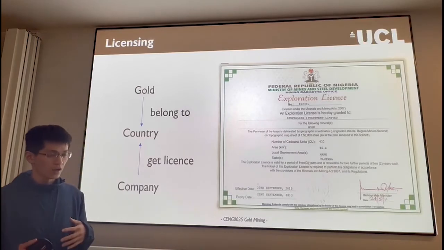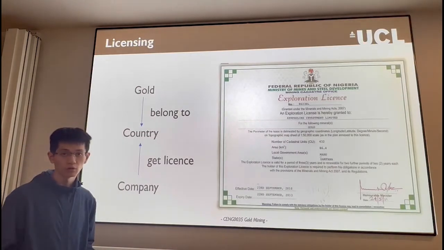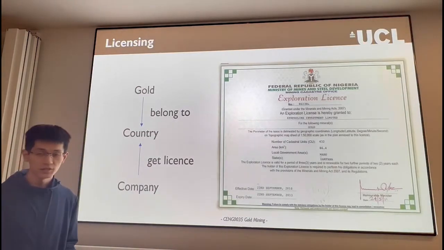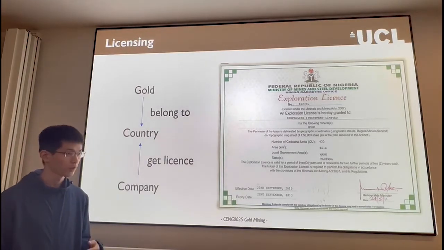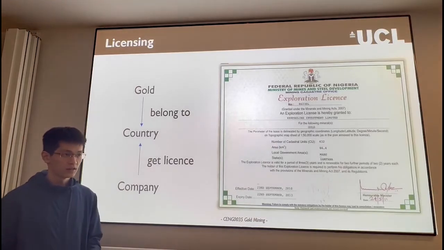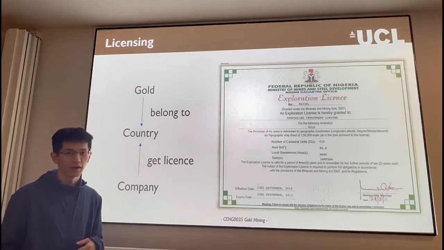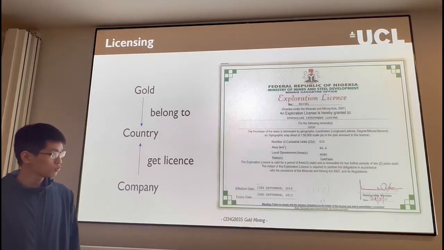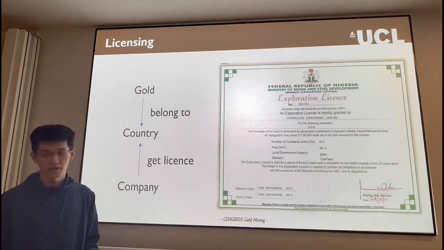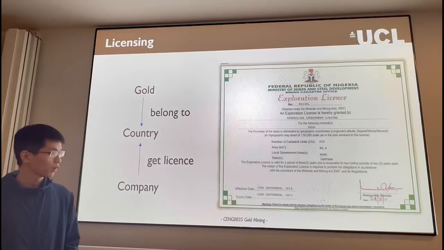Those governments will review the technical and financial standing of these companies and their ability to manage the whole process of mining. Only companies that reach the standard can get the license, and the license usually contains the specified region and a time period.